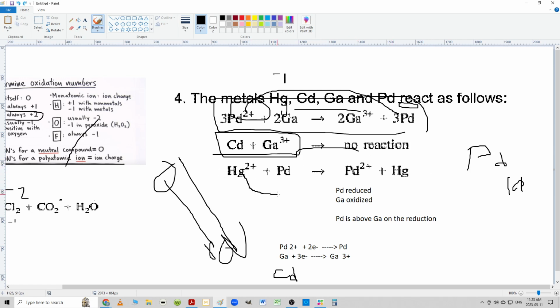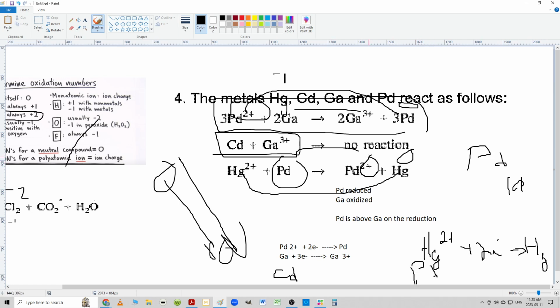Finally, we can see something happened here. Hg went from +2 to 0. Its charge reduced. So Hg2+ on the left gained 2 electrons and became Hg solid. PD went from PD0 to +2. To do that, its charge went up.